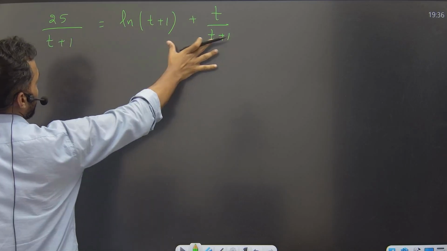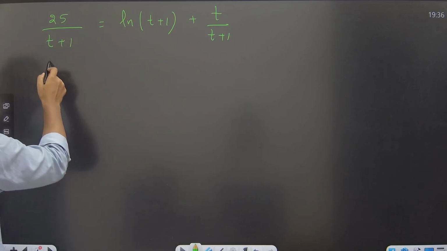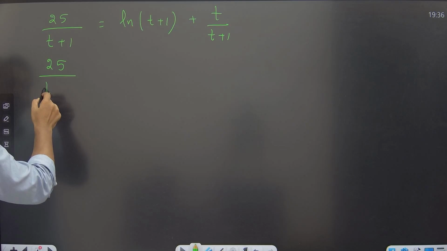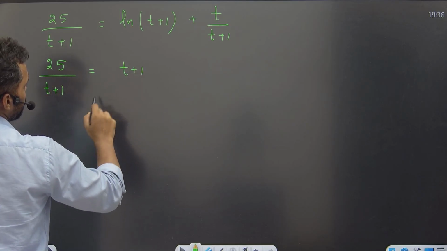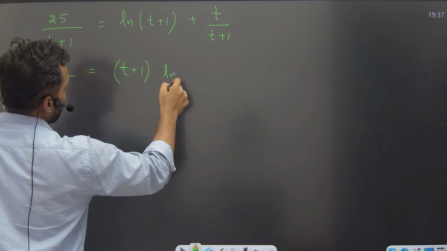So if I take the LCM here, students, what we'll get, 25 by (t plus 1) equals (t plus 1), we have taken the LCM here, students, into log of (t plus 1).